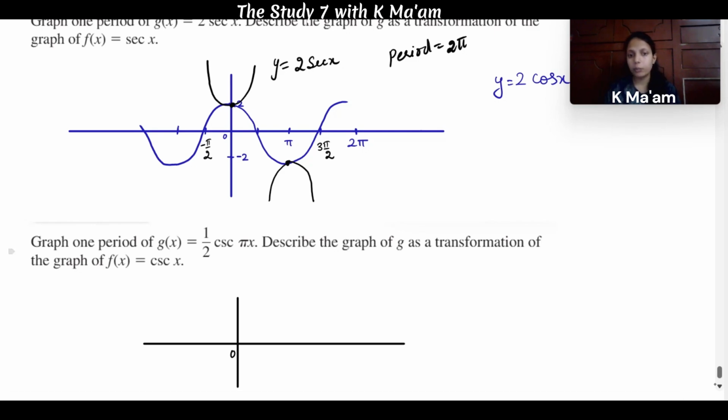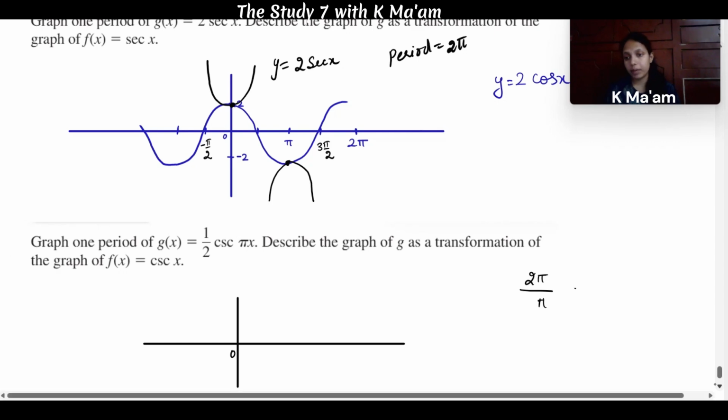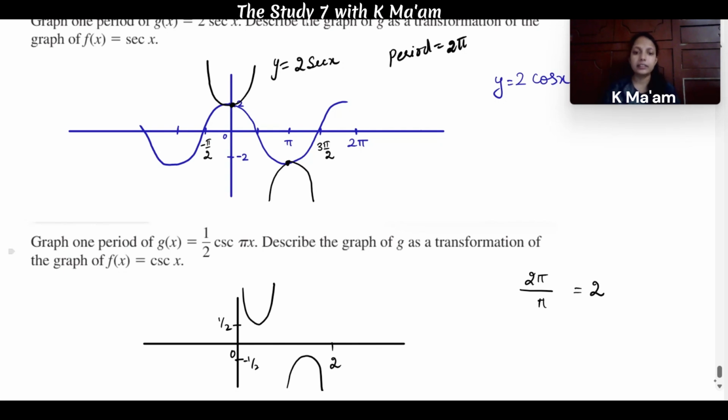What will be the period here? We know that the period is 2 pi over absolute b. What is b? Pi. So the absolute value of pi is pi. So the period is 2, from 0 to 2. So here your graph will be this and this. This value is negative half. This value is positive half. Done. This is the graphing.